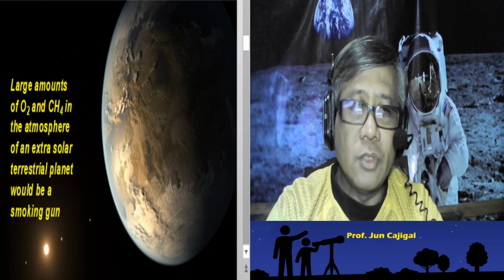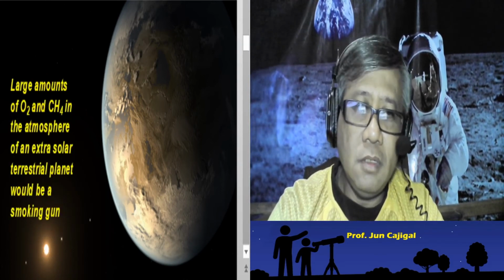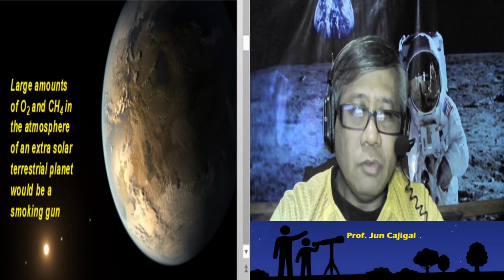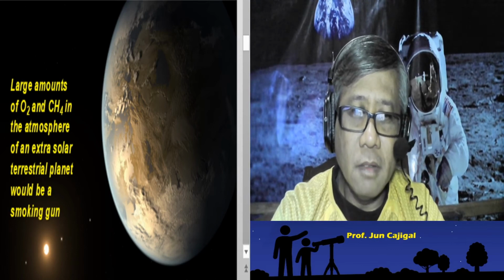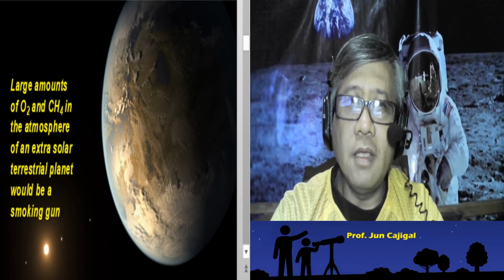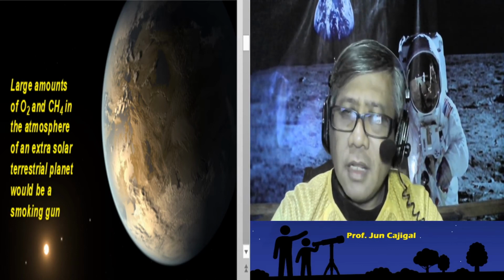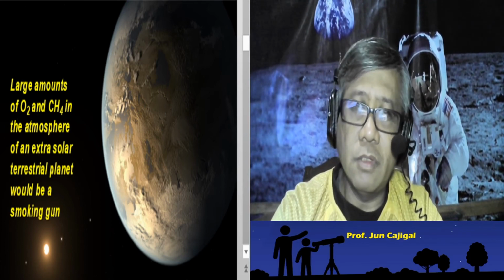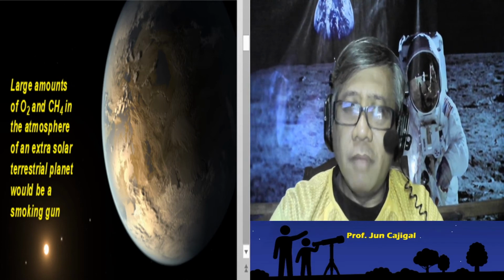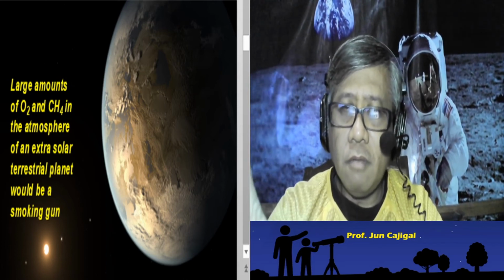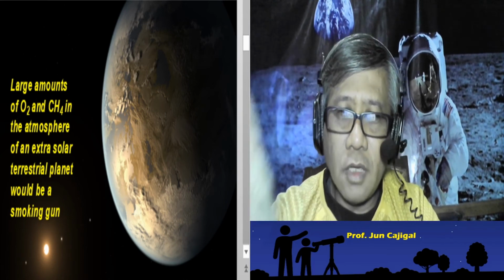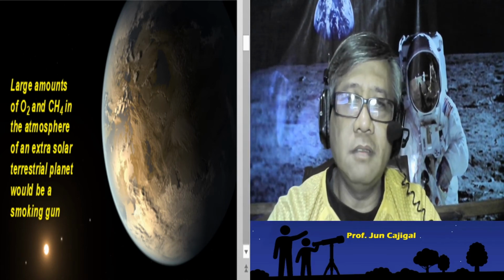Okay. So, large amounts of oxygen and methane in the atmosphere of an extrasolar terrestrial planet would be a smoking gun. Ayan. So, yun ang hinahanap ngayon ng mga astrobiologists, the presence of oxygen and methane. Pag meron silang nakitang ganyan in any of those exoplanets, then that would be the smoking gun, my dear netizens.